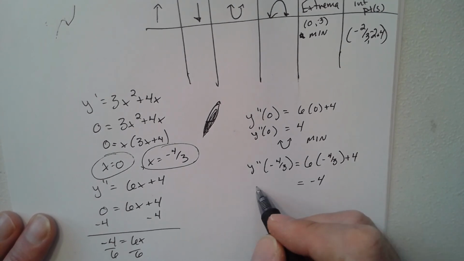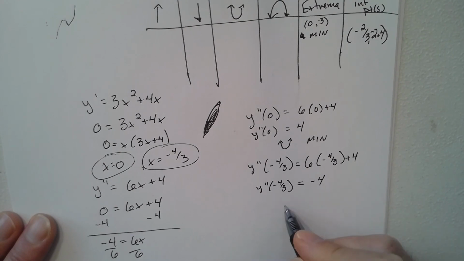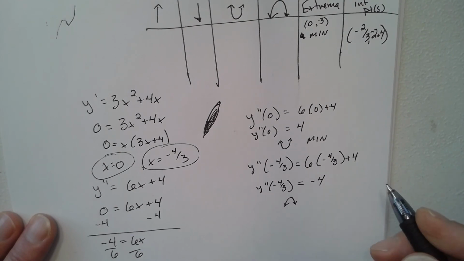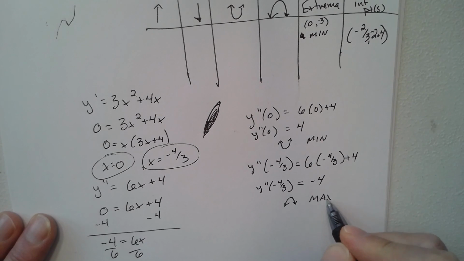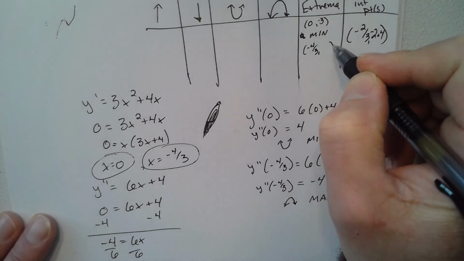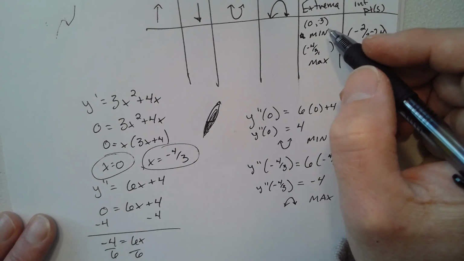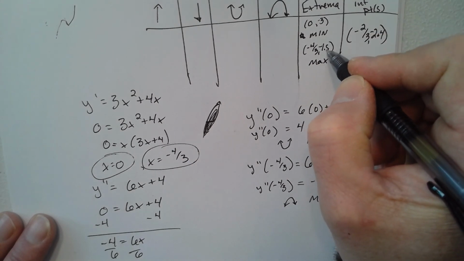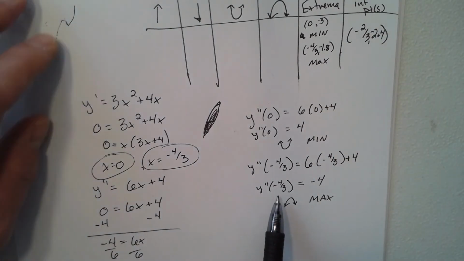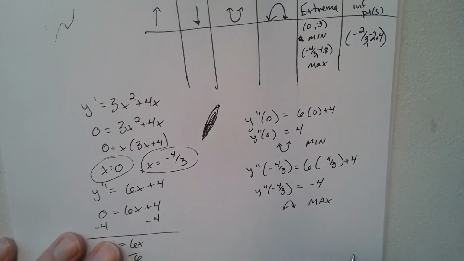So the second derivative at negative 4/3 is negative, so it's concave down, so it's a maximum. So at negative 4/3 we have a maximum. If I plug negative 4/3 into our original function, I get negative 1.8.